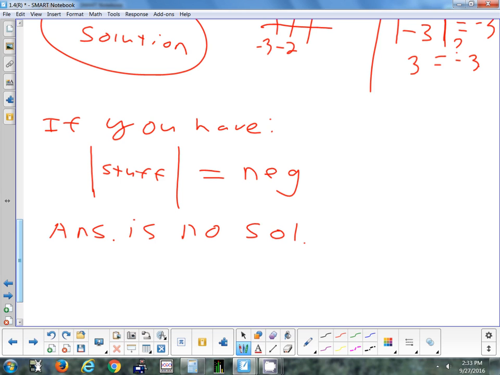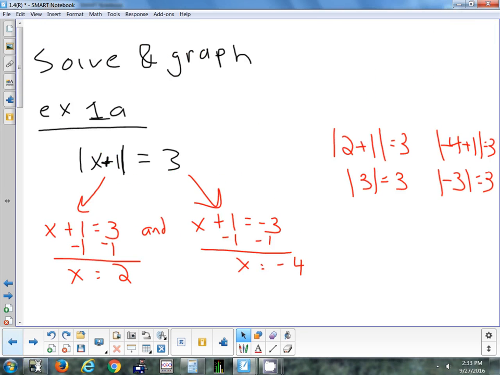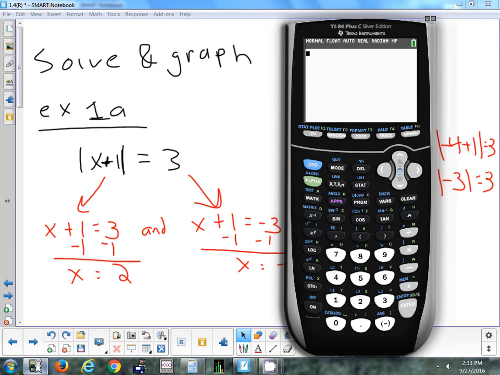All right, let me show you something kind of neat on the calculator. Okay, this part, just watch me do this. I'm going to type in our very first problem. Absolute value of x plus 1. I want to show you a picture of that.